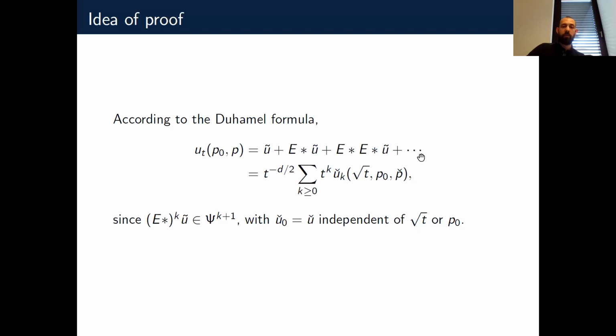And you can show that it is equal to this sum here. And in this case, it's not an asymptotic expansion, it's really precisely equal to the sum. And so this is the kind of result I was interested in the first place.